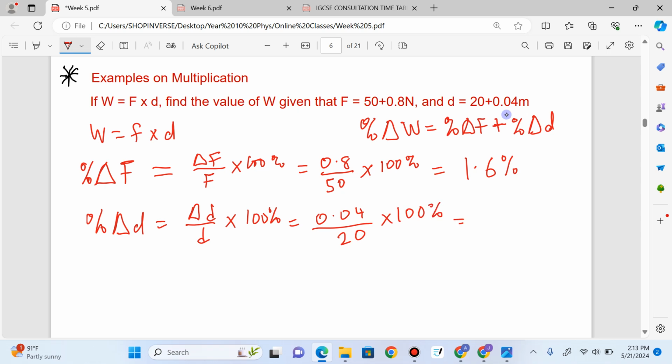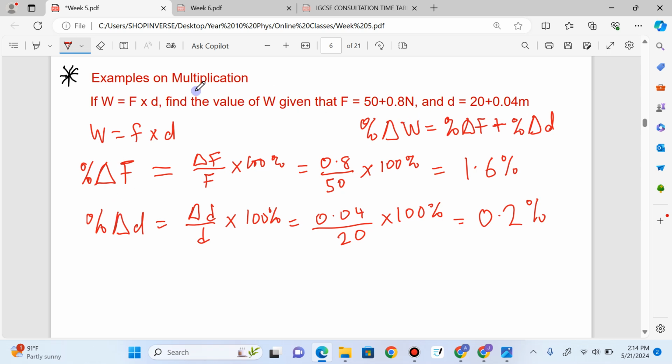If I use my calculator, 0.04 times 100 divided by 20, I will get 0.2%. So now I have the percentage uncertainty in force and percentage uncertainty in distance.